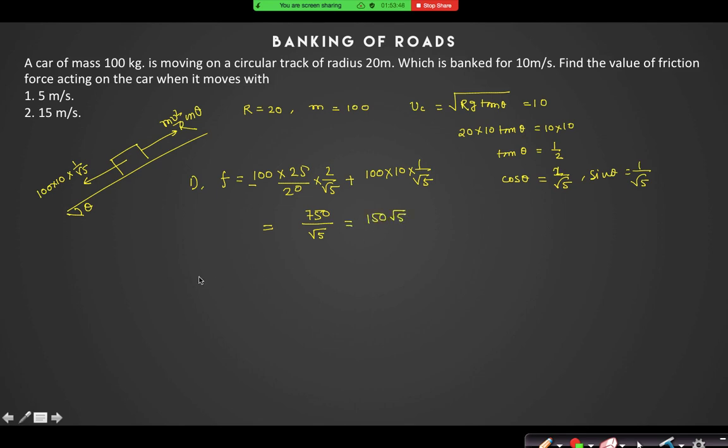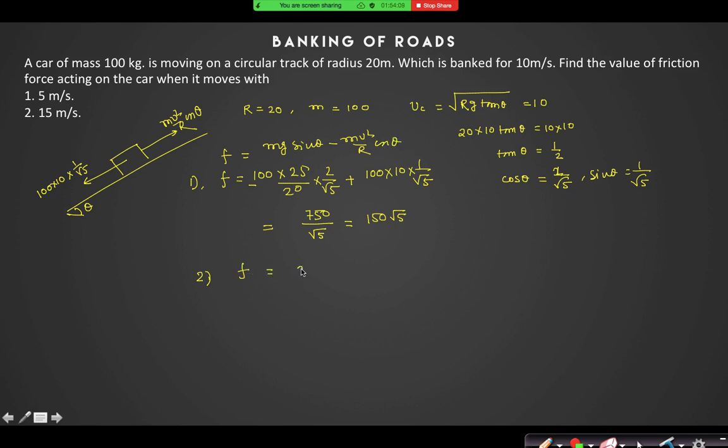Yes, sir. And in the second case, in the first case, friction is upward, right? So I can say it is mg sin theta minus mv square by r cos theta. And in the second case, friction is downward.